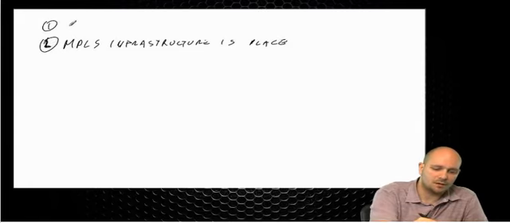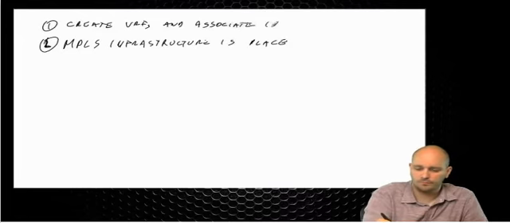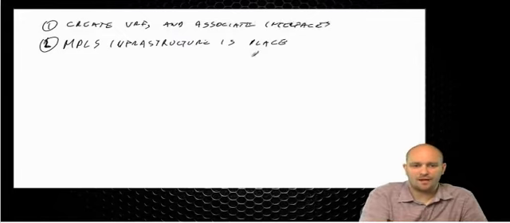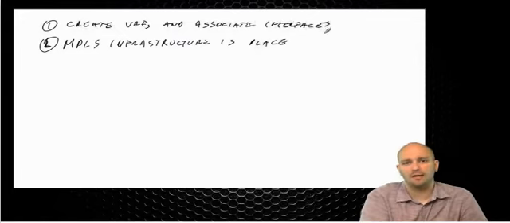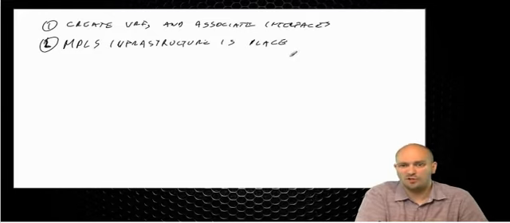Step number 1 is create VRFs and associate interfaces. Now, why is that first step? Because this is really part of layer 2 setup, right? And I really want to be done with layer 2 setup at the very, very beginning of my lab scenario before I actually do anything else.